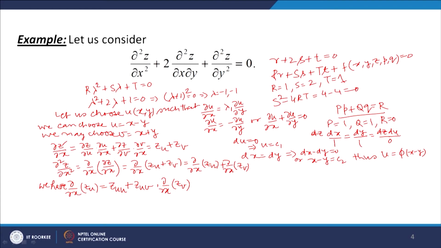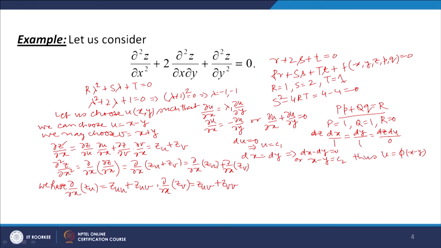Similarly we can find the partial derivative of z_v. We replace z by z_v here. So, we have partial derivative of z_v with respect to u, so we get z_uv, and then u_x is 1, and then partial derivative of z_v with respect to v is z_vv, and v_x equal to 1.